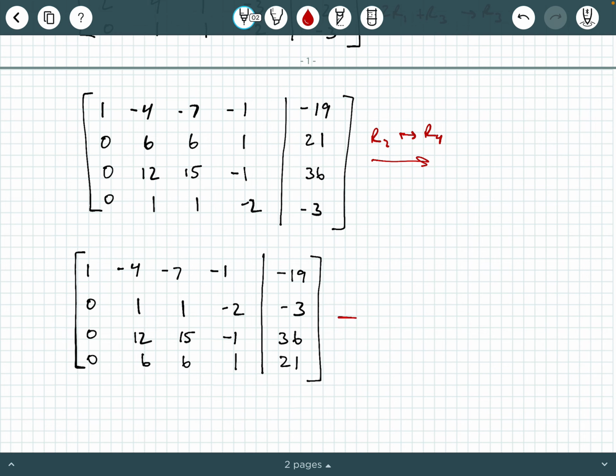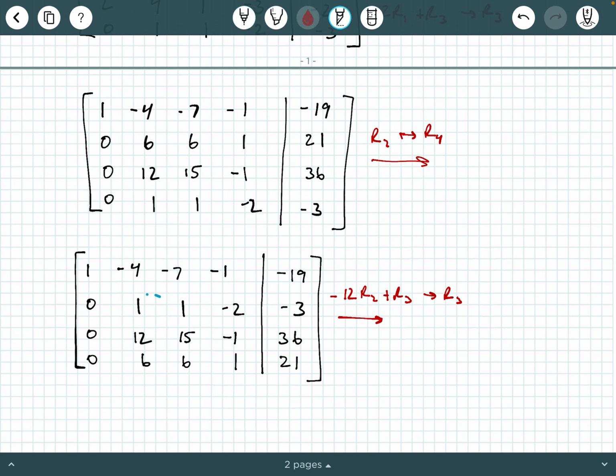So the next step we can do is we can say negative 12 row 1 plus row 2 to change row 2. So we're going to use, I labeled those wrong. Negative 12 row 2 plus row 3 to change row 3, sorry.